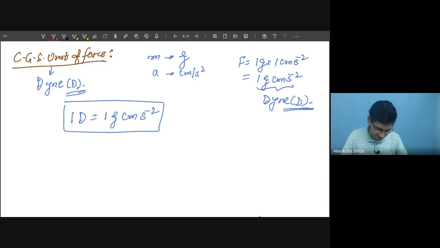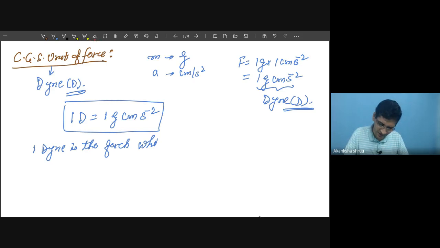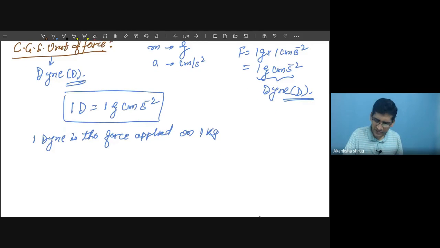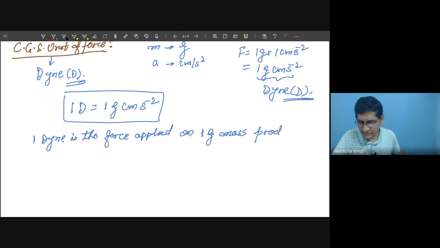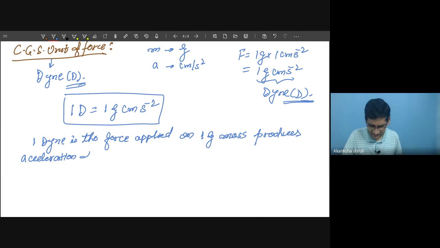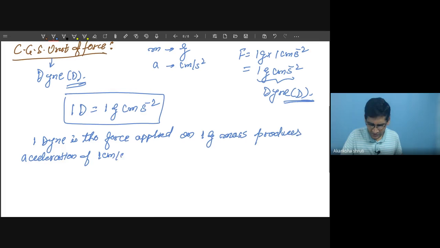So how is this dyne defined? 1 dyne is the force applied, rather than on 1 kg, we now take gram, on 1 gram mass, which produces an acceleration of 1 centimeter per second square.